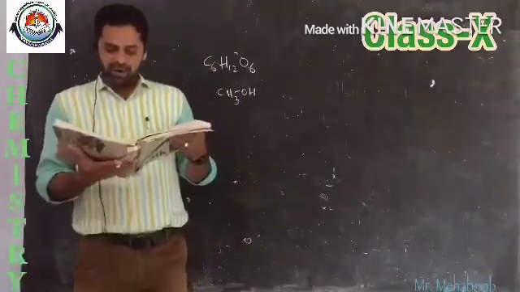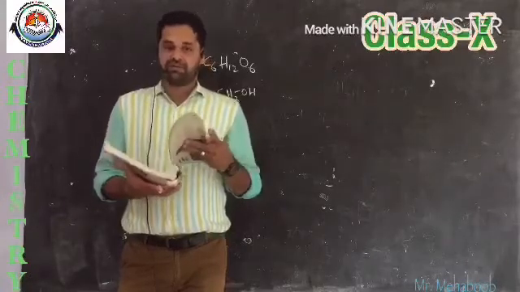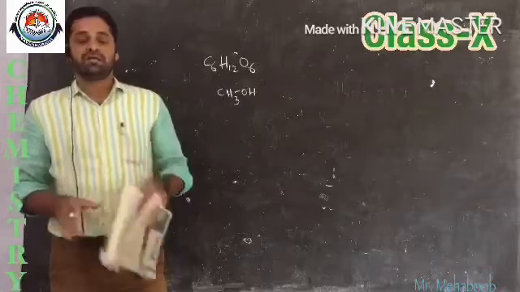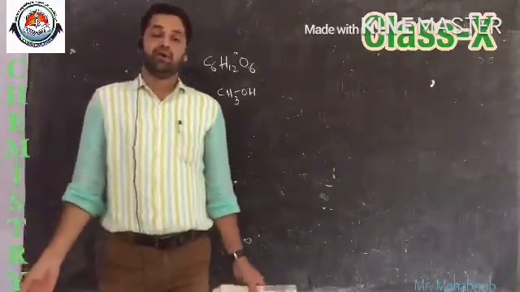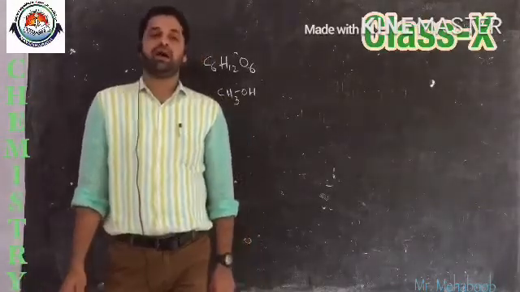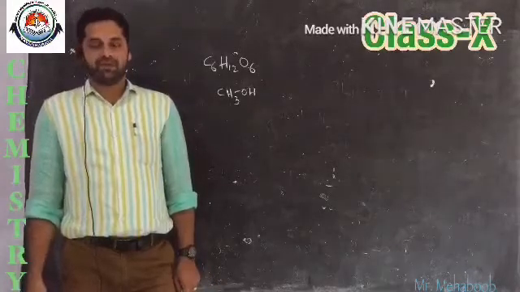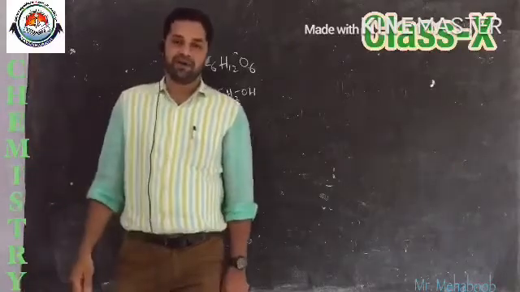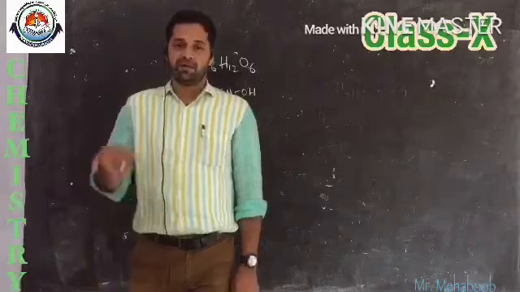Then why does distilled water not conduct electricity whereas rainwater does? Here also the same reason. Distilled water is pure water. It does not contain any ions, and that's why it does not conduct any electricity. But rainwater may contain different types of acids, and those acids give ions when they are dissolved in water.